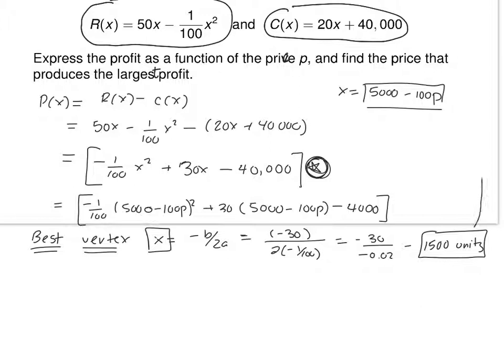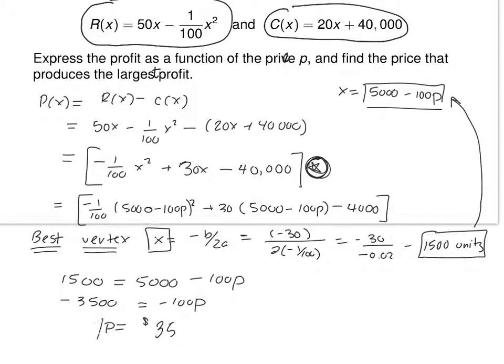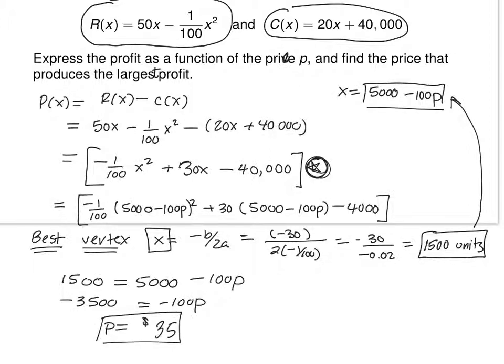So put this into that, and you've got 1,500 equals 5,000 minus 100p. So take away 5,000, that gives you negative 3,500 equals negative 100p. And so p will equal how much? Cancel 2 zeros when you divide, right? 35. So the best price to set it at is $35.